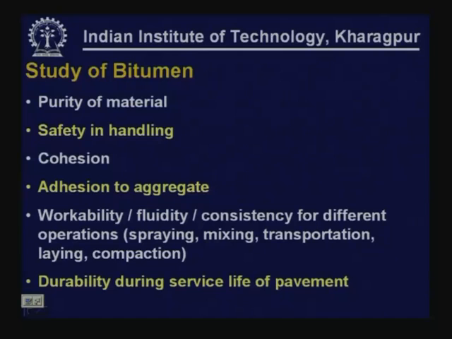Another important aspect is the binder has to be durable during service life of a pavement. We cannot have a binder which undergoes drastic changes within 4 to 5 months time, because of the climatic conditions itself, and because of what it is subjected to during its service life, it lasts only for 4 months, 6 months, and as a result it undergoes so many changes and the pavement starts failing.